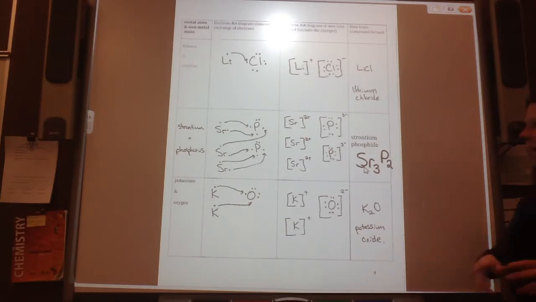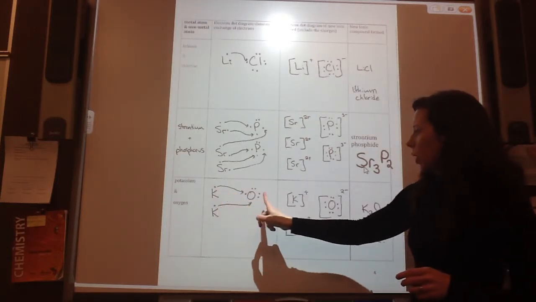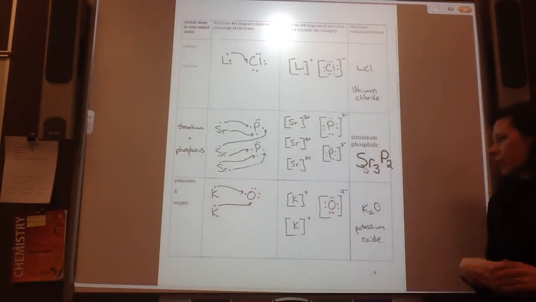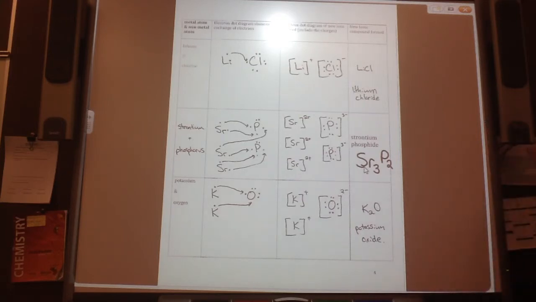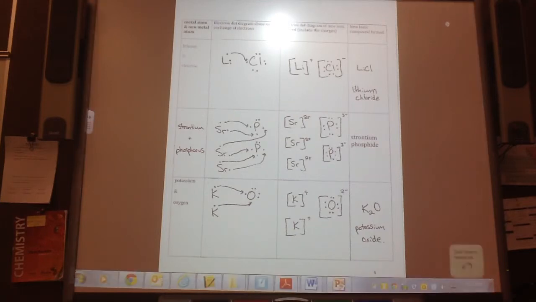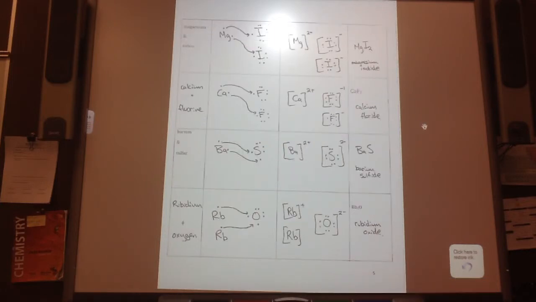And then you have your potassiums, 2 potassium, each giving away 1. 1 oxygen receiving 2, potassium oxide. And then the back page.